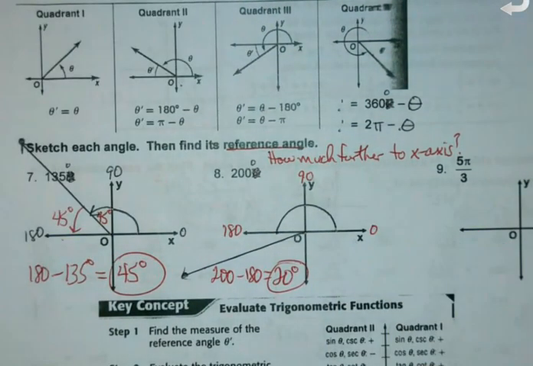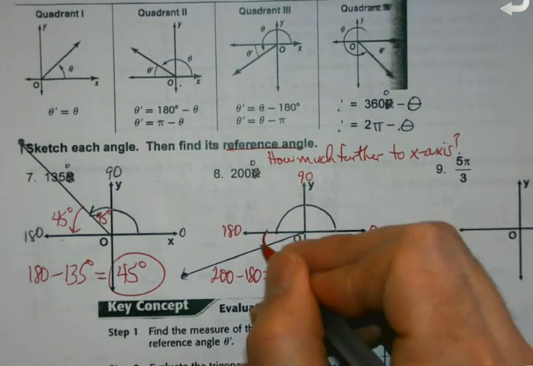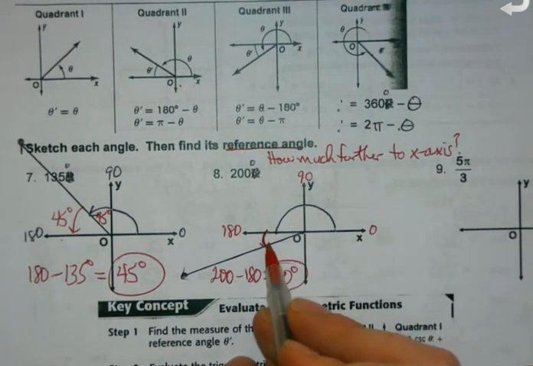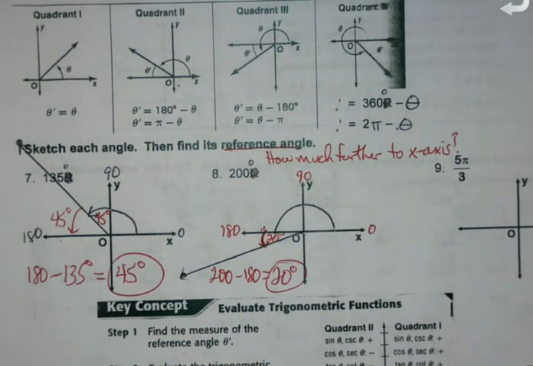I did the 180 there, but my reference angle is right here. How far is it away from the x-axis? Well, it's 20 degrees. We just said that when we drew it. So that's what you're actually finding on these.